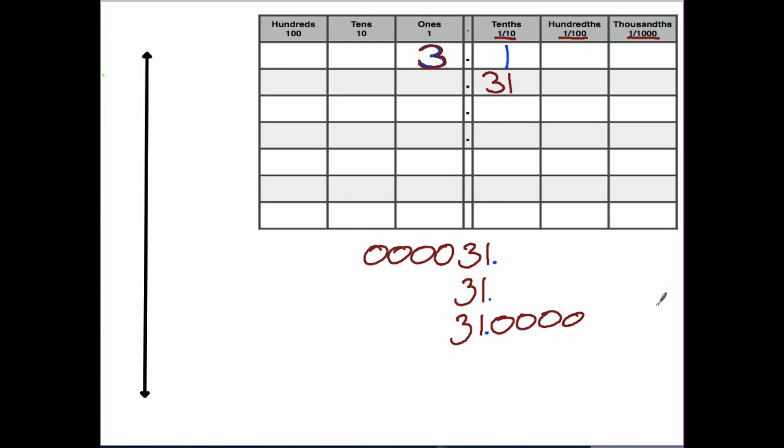Actually, they're all the same. If you have a decimal, you can add as many zeros behind it as you want. If you have a regular number, you can add as many zeros in front of it as you want. And you need to know that because that's important for what you are about to learn about rounding.